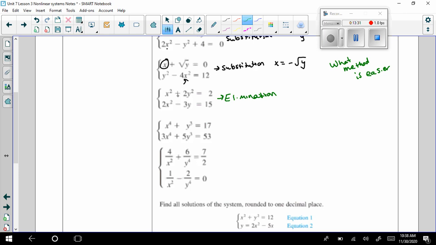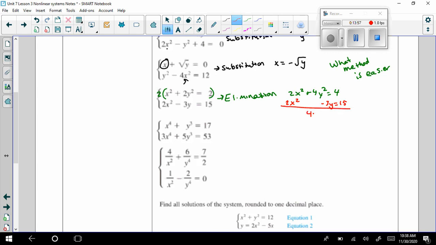But up here, I would multiply this top one by 2 so that you get 2x squared plus 4y squared equals 24. And then we have 2x squared minus 3y is equal to 15. Don't combine those, but if I subtract these down, then I get those to cancel.